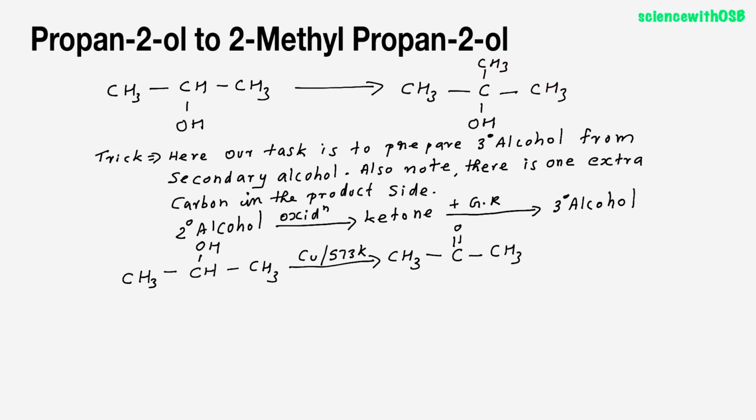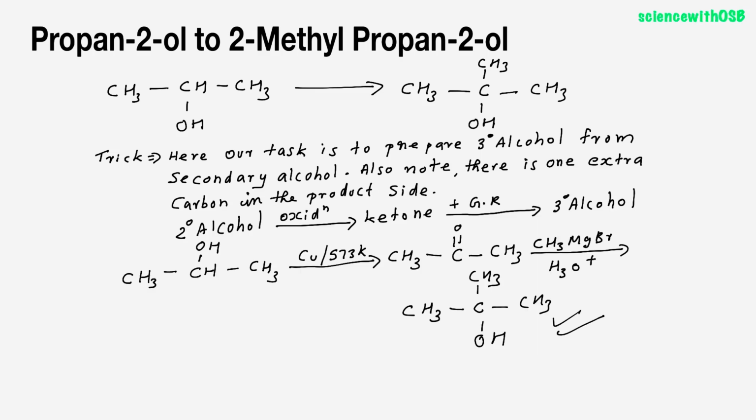So you have to add a Grignard reagent which contains one more carbon, 3 plus 1, 4. So CH3MgBr, and then you have to add H3O+. So what will you get? You will get (CH3)3C-OH, and that is our required product.